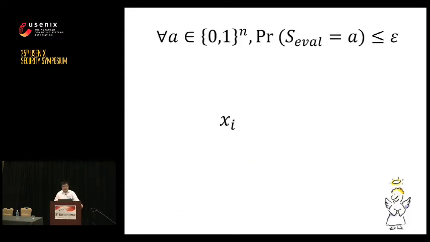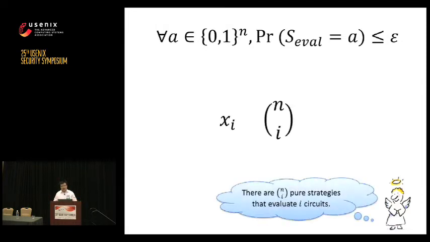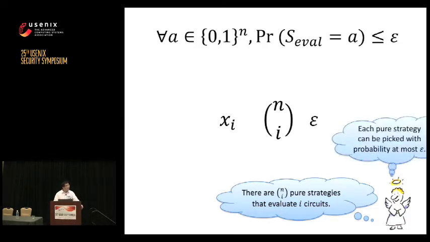This constraint can be further formulated as inequalities of xi, because there are n choose i pure strategies to evaluate i different circuits out of all the n circuits, and each pure strategy can be picked with probability at most epsilon. So therefore, we can conclude that xi should be at most n choose i times epsilon.